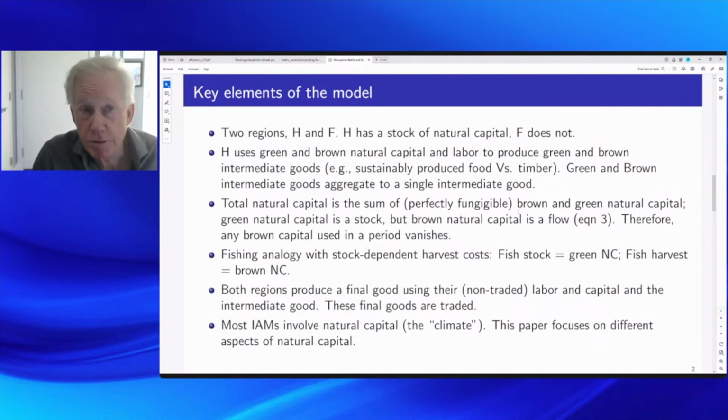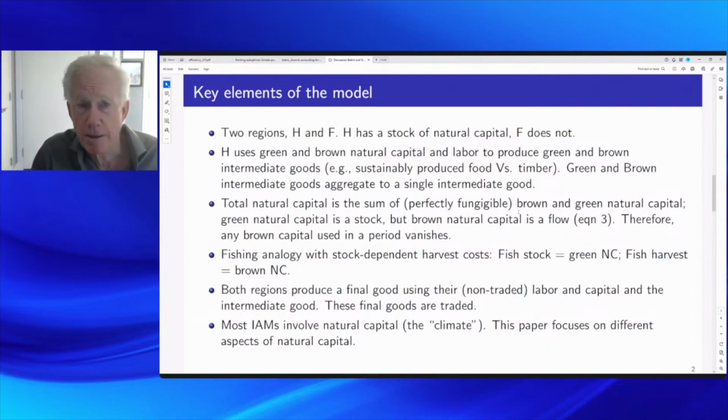It has two regions. Home has a stock of natural capital and F doesn't, and home uses both green and brown natural capital and labor to produce these two types of intermediate goods, and the two intermediate goods aggregate to a single intermediate good.